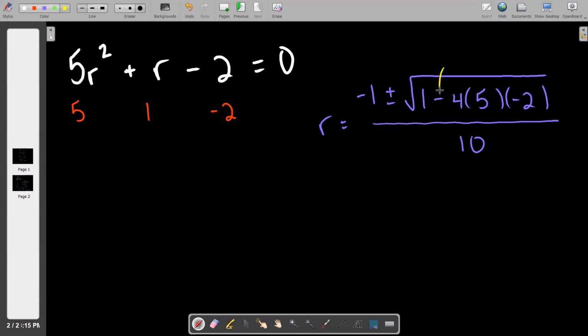So you see that this is going to change to a plus, right? Inside the square root is 1 plus 40, which is great news, because if we can save ourselves some time at the end, that's a bonus. And in this case, the 41 that you're going to get is just dead. Those are the best ones.